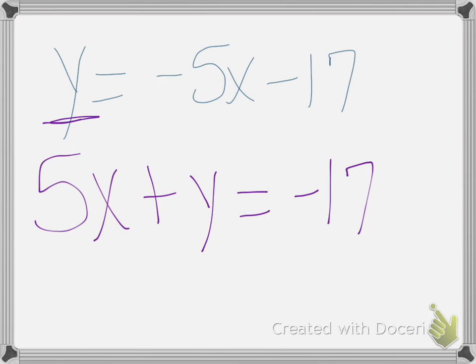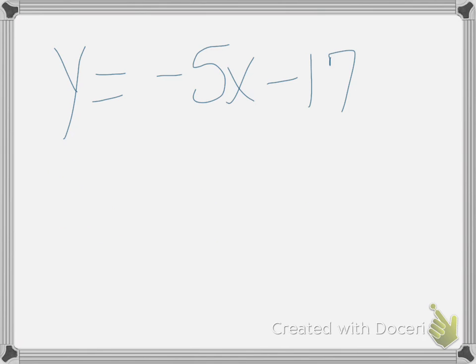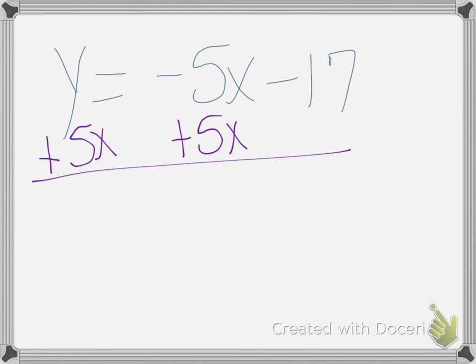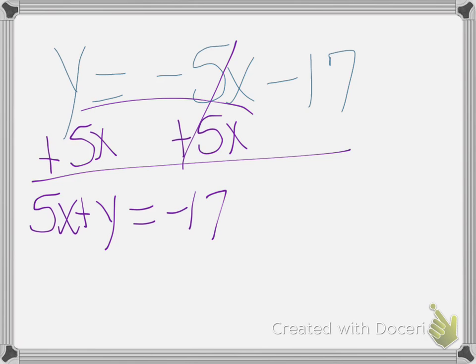But if you can't do it like that, then you add 5x, and you get 5x plus y equals negative 17. If you need to do this extra step, that's fine. But if you don't need to, don't do it. You save some steps.